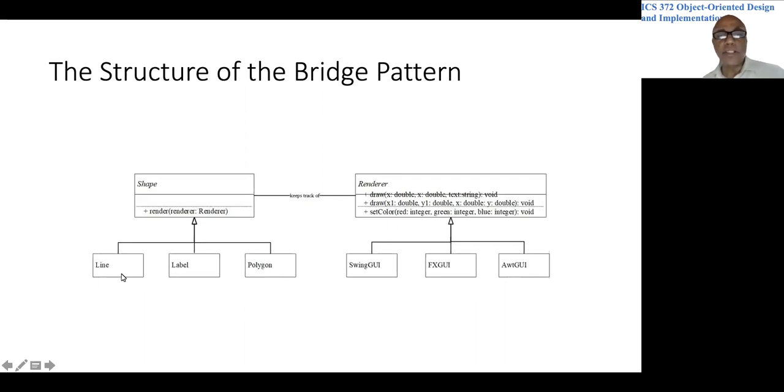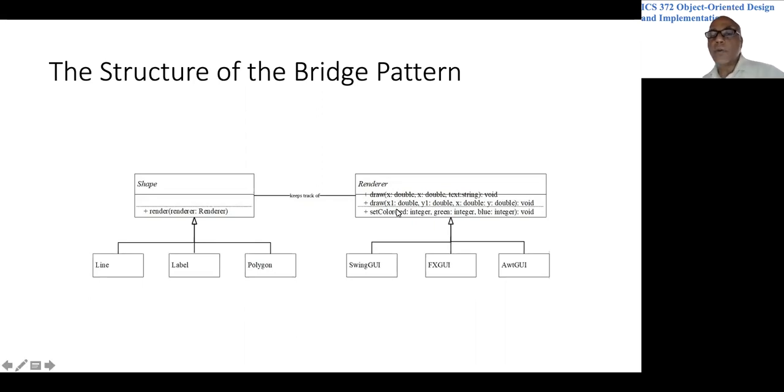The line object would simply call this draw method once. The label object would call this first method once. And each of them could call the set color method at the beginning to set the color.